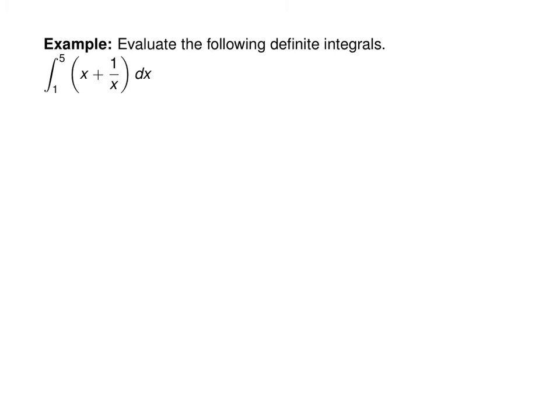All right, the definite integral from 1 to 5 of x plus 1 over x. So first of all, the antiderivative of x will be 1/2 x squared. The antiderivative of 1 over x will be ln absolute value of x from 1 to 5. So first we'll plug in 5.